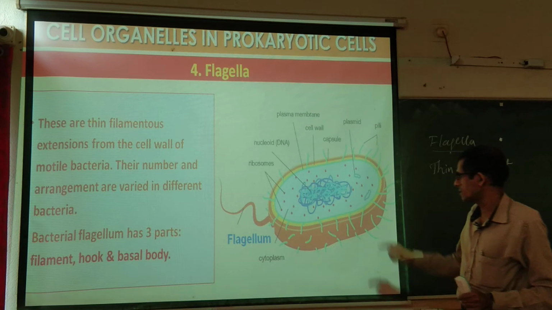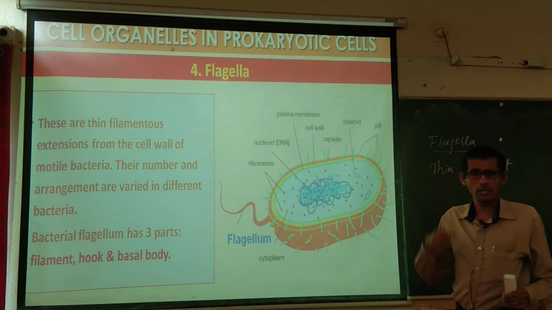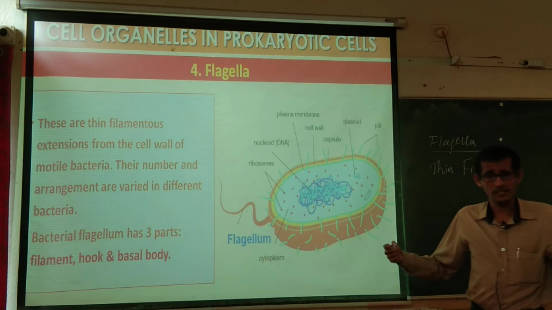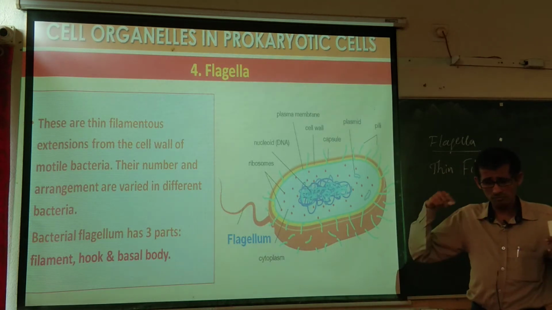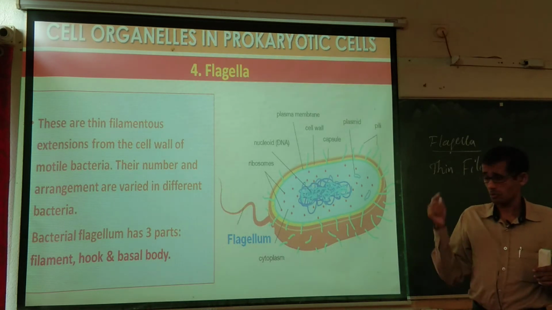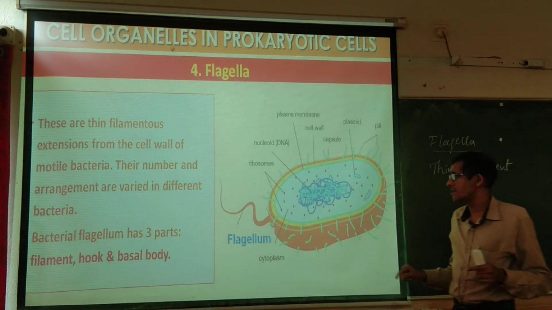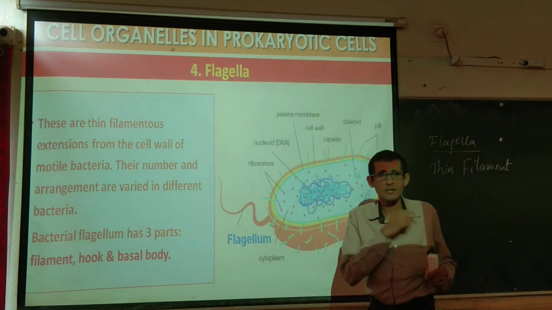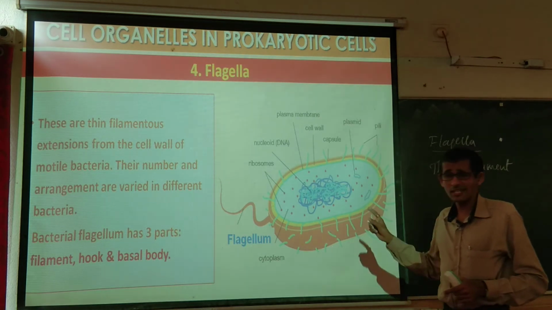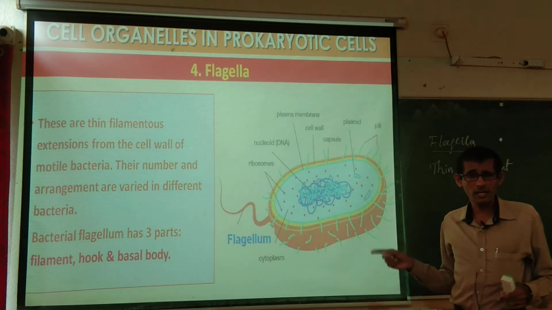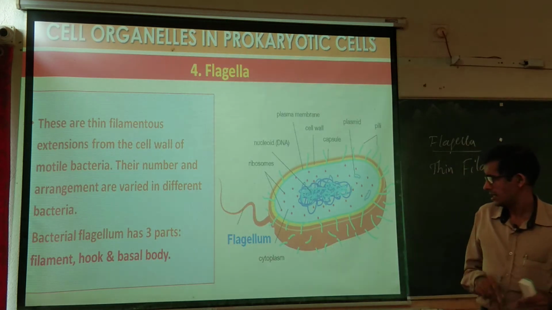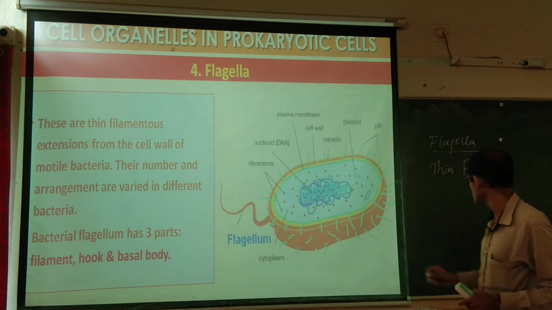Some bacteria may have one flagellum, others more than one. The arrangement and number of flagella vary from one bacteria to another. Anyhow, the filamentous extension from the cell wall area is the locomotory organ.